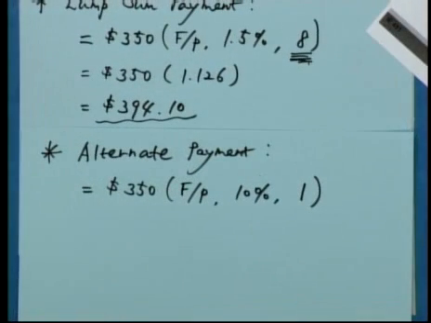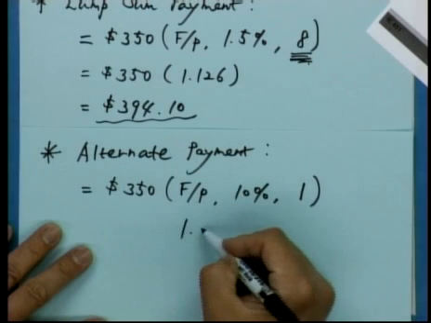So again, we need to look for the compound amount factor, this time at 10%. F given P. Okay, so you need to look at page 613.